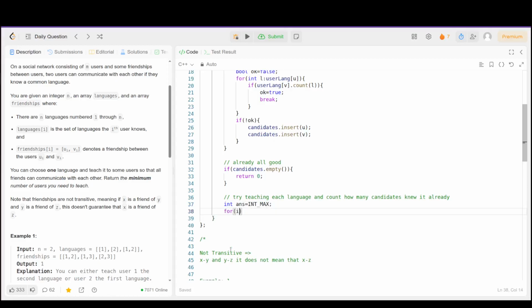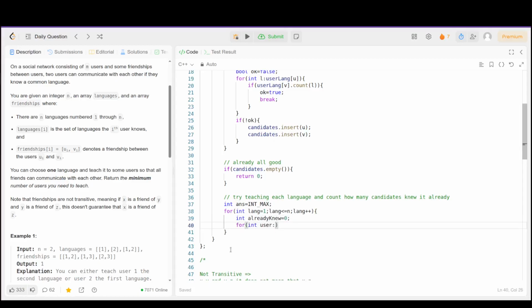And for int language, we iterate the language equal to 1, language less than or equal to n, language plus plus. And let's say already new equals 0, and we iterate through each user present in the candidates set.